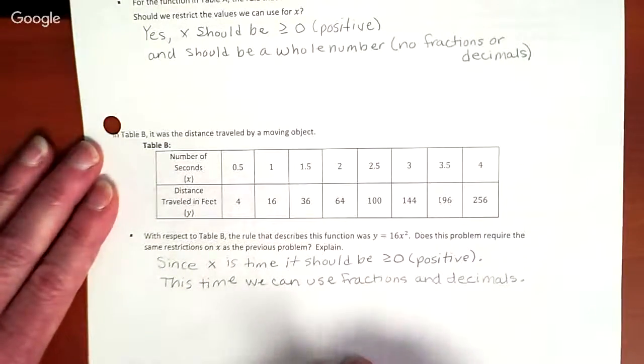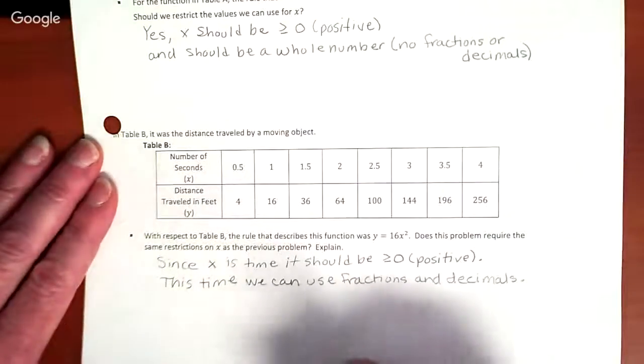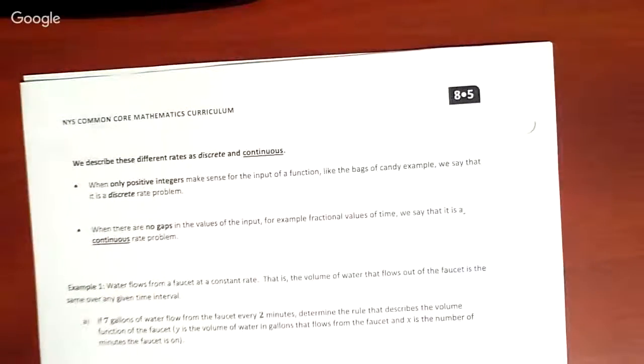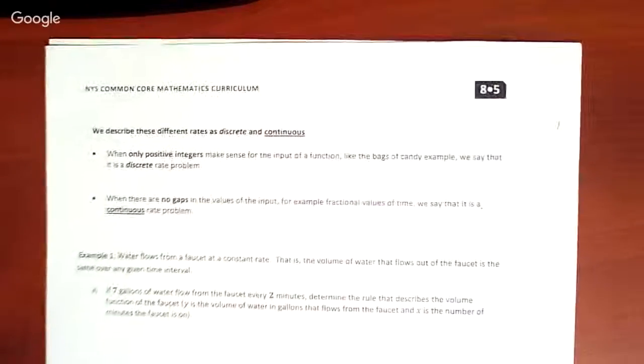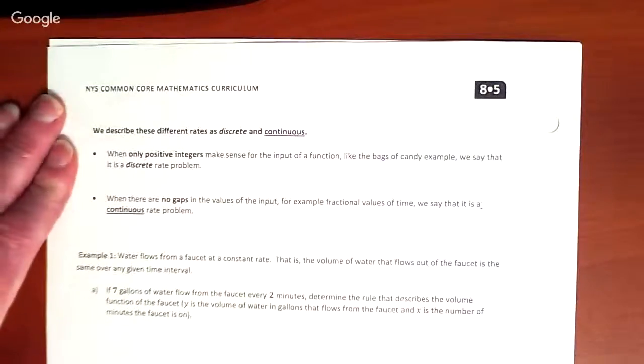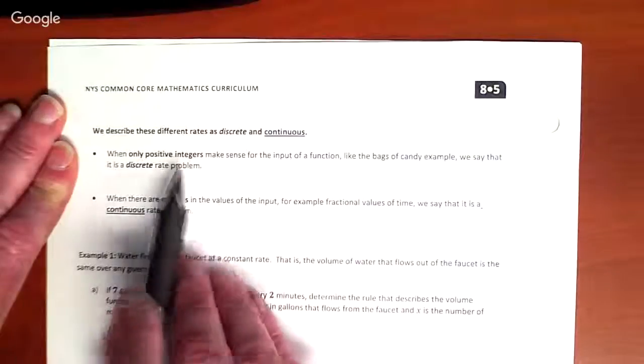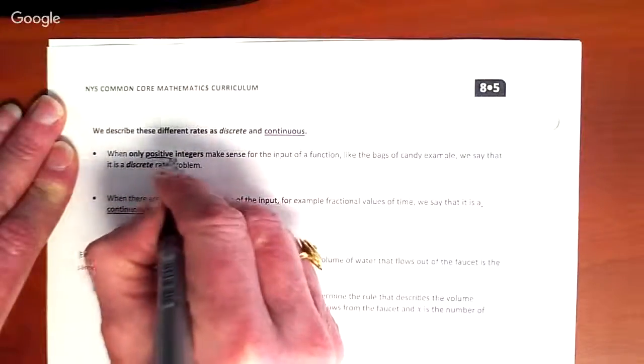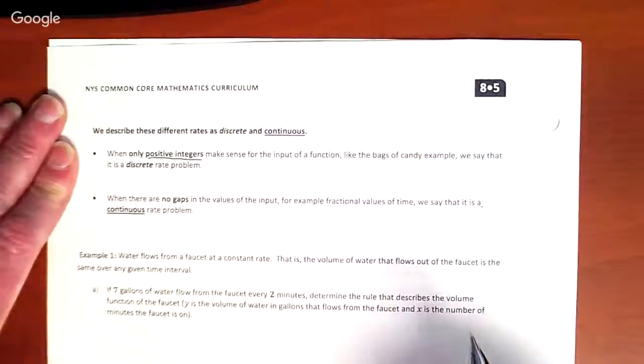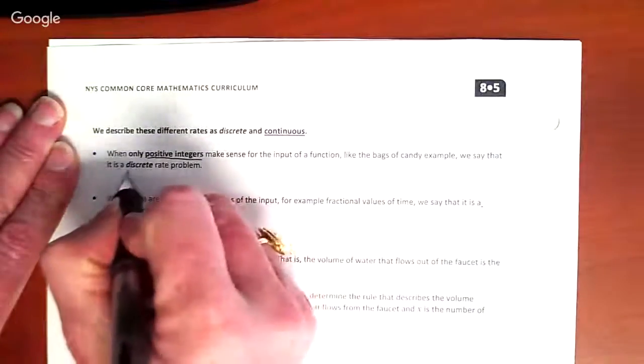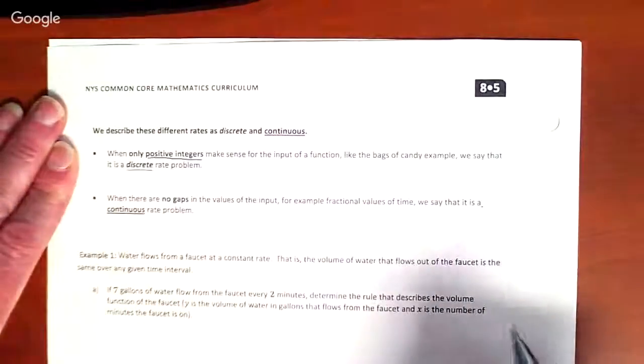Okay? So next, we describe these different rates as discrete and continuous. When only positive integers make sense for the input of a function, like the bags of candy example, we say that it is a discrete rate problem.